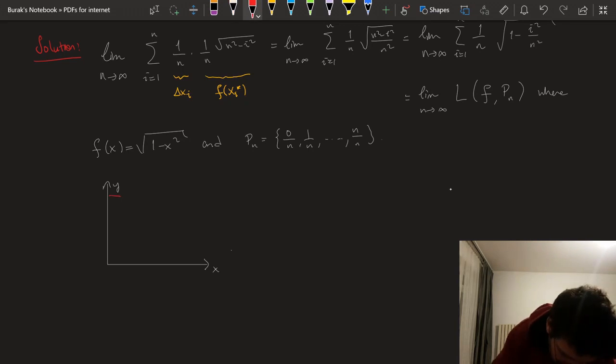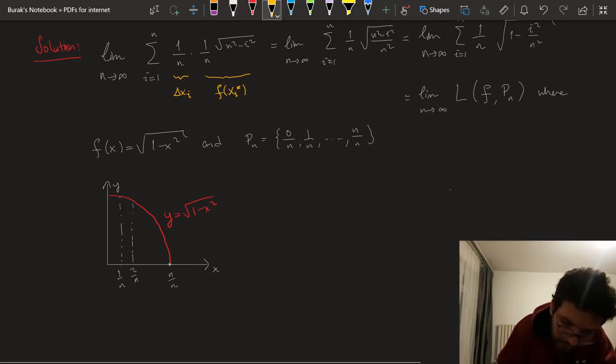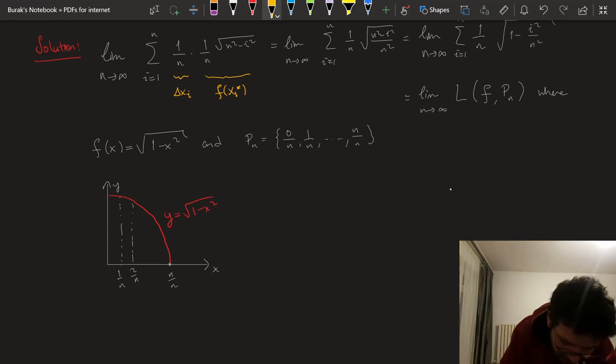If you have this function y equals square root of 1 minus x squared, and you split this interval into n pieces, and this is like n over n, and you try to compute the lower Riemann sums, because it's a decreasing function, you will be using these right-hand points.